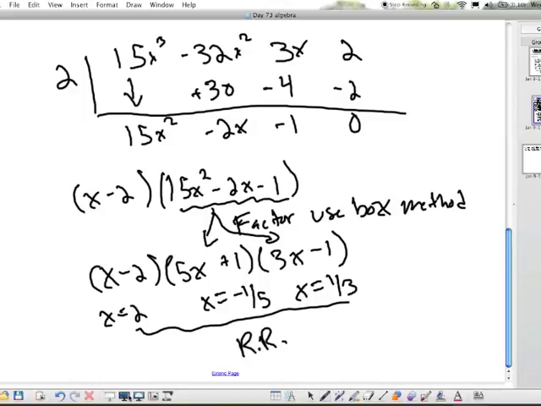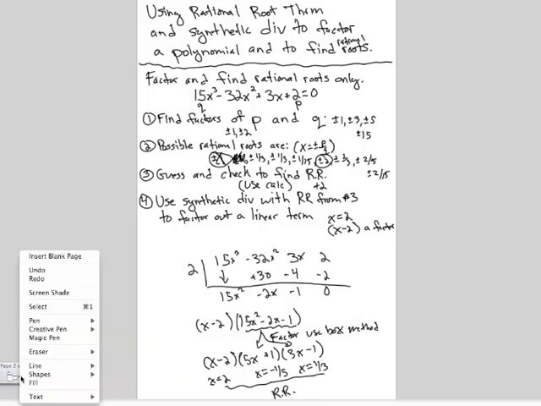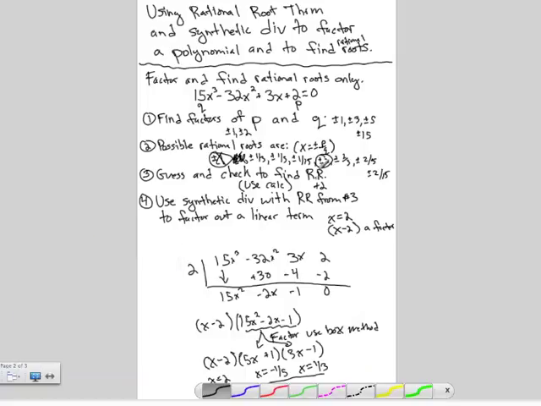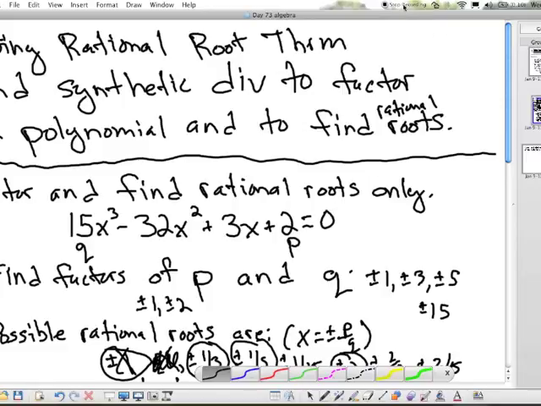Again, we can check with this that the rational roots, negative 1/5 and 1/3, negative 1/5 is right here, and the positive 1/3. So it would work either way. If you checked the positive 1/3 in synthetic division, you would still get the same factored form. If you have any questions, come see me after class or before school or during lunch.